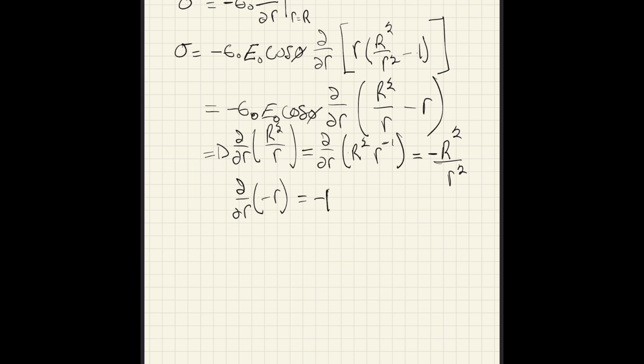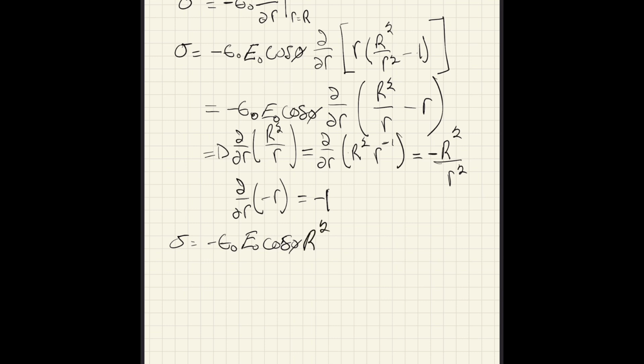Okay, so we know those two derivatives, and we can plug it back in. So sigma is going to be minus epsilon naught e naught cosine phi, just keeping these constants out. Really, I could bring r squared out too.